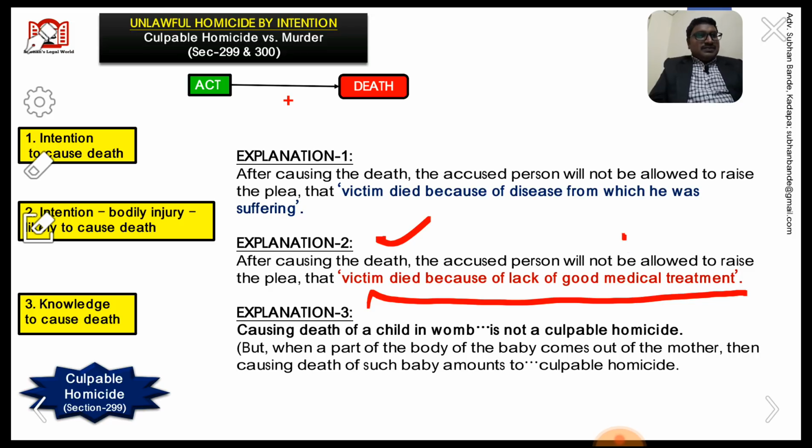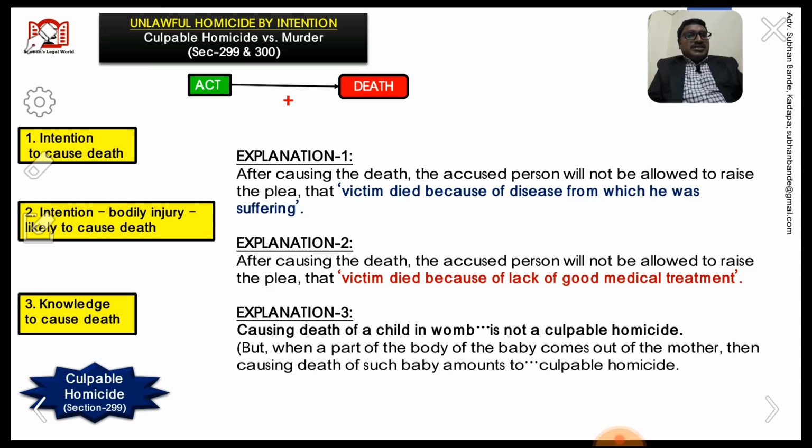If he takes the plea that the victim died because of lack of good medical treatment, and that with good medical treatment he might have lived, this kind of plea cannot be allowed in the courts of law under Section 299 of the Indian Penal Code.